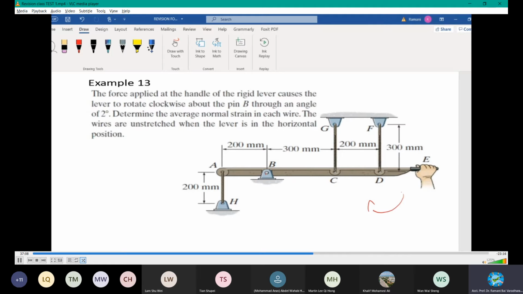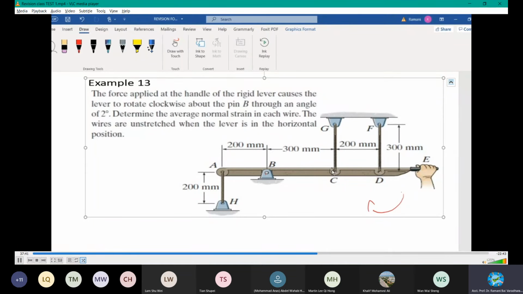Okay, all these things are at equilibrium condition when no load is applied at E, with the depth at AH as 200, GC and FD are 300 at equilibrium condition or no load is applied at E. When no load is applied at E, it maintains 300 and 300.